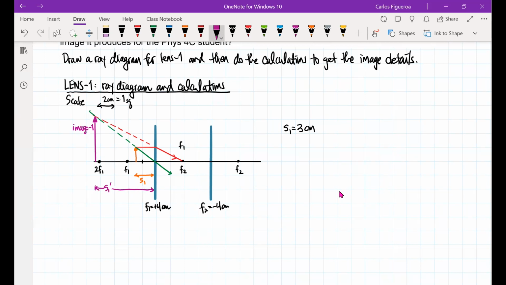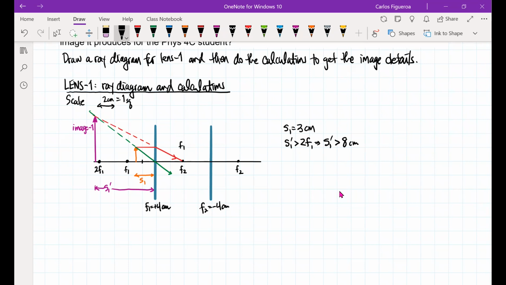It looks like S1 prime has to be outside of the focal point, so S1 prime has to be greater than 2F1. Remember that's going to be 4, 8. So S1 prime has to be greater than 8 centimeters.